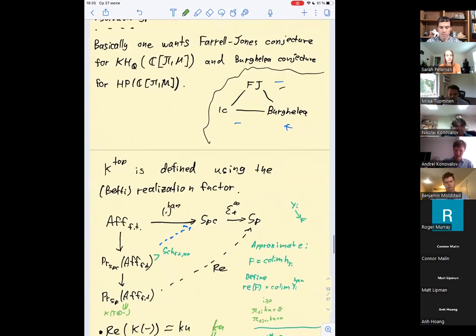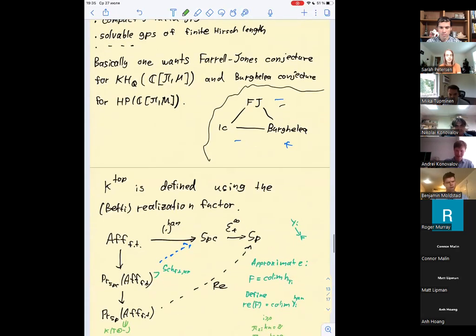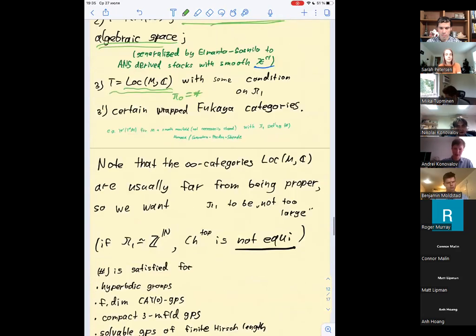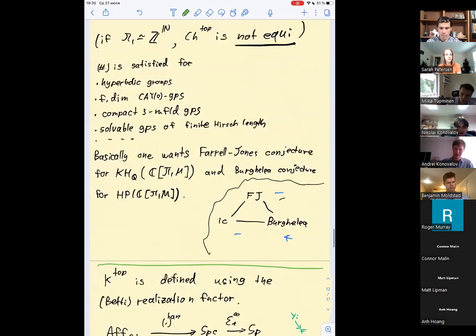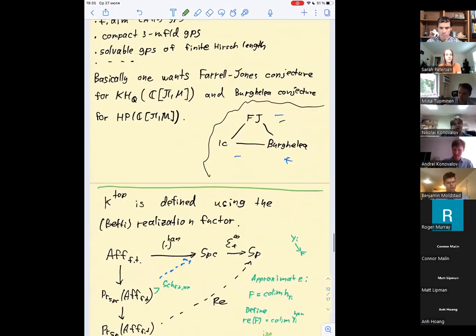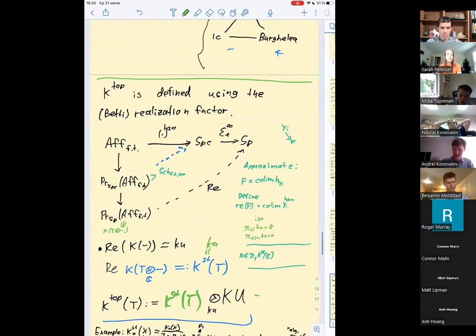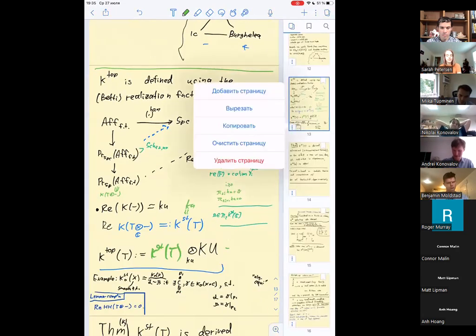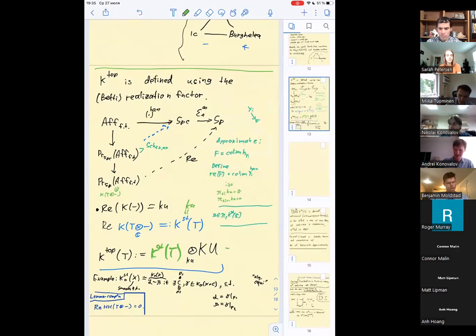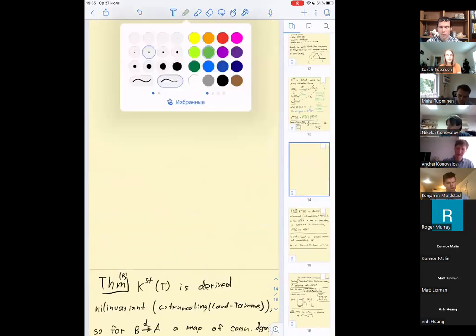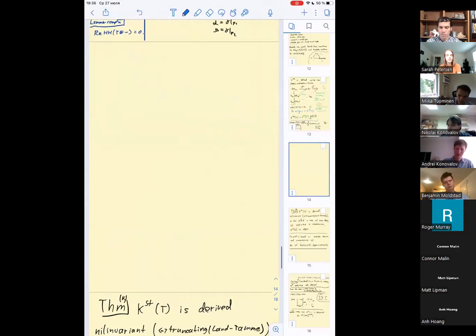Okay, let me finally say something about the definition of K-theory and how one can actually prove such statements. Before even giving the definition, let me mention some intuition that I find important to keep in your heart.